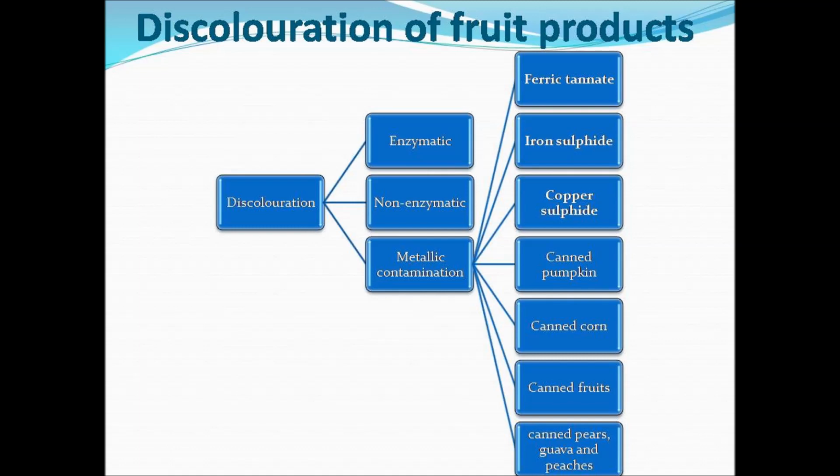It may be enzymatic or non-enzymatic, or due to metallic contamination. So the metallic container reacts with the contents or the food substances. The food will be containing certain tannins or pigments, which in turn react, or the machinery reacts, to form certain chemicals which give different coloration, or the original color of the food is lost or discolored.